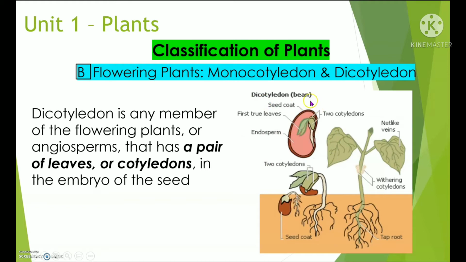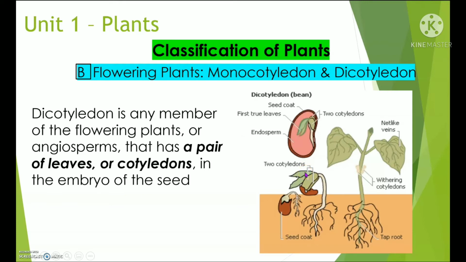Okay, the example is a bean seed and a bean plant. Dicotyledon or dicots has a pair, meaning they have two. They have one on one side and another on the other side. They have a pair of leaves, or two cotyledons, this side and the other side.